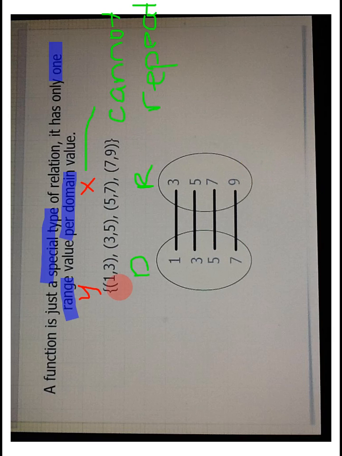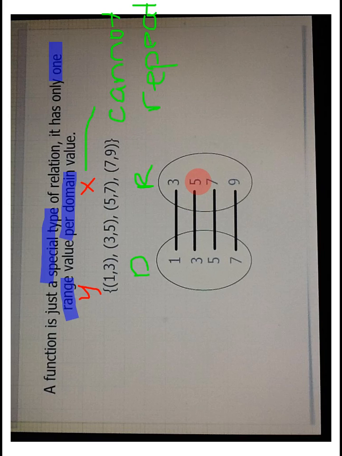What you do is you put them in order from least to greatest, and then you connect every domain, every X, to a corresponding Y. So we see right here 1 and 3 go together. So we've put a 1 and we've put a 3, and they've drawn a line that connects it. In our next value, we see 3 and 5.